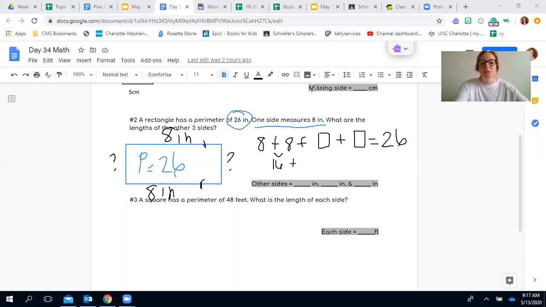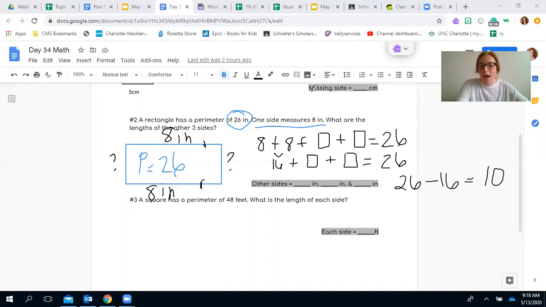So 16 plus something equals 26. Then I can do 26 minus 16, and that equals 10. Well, 26 minus 16 does equal 10.